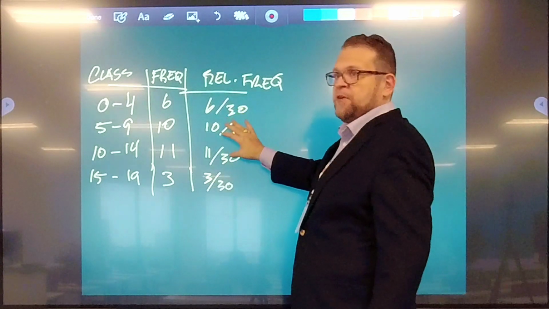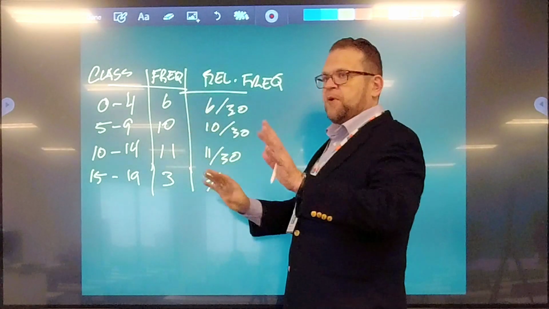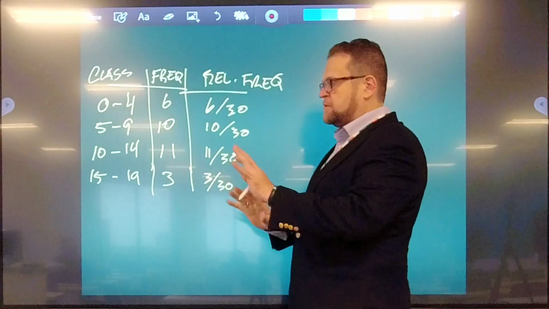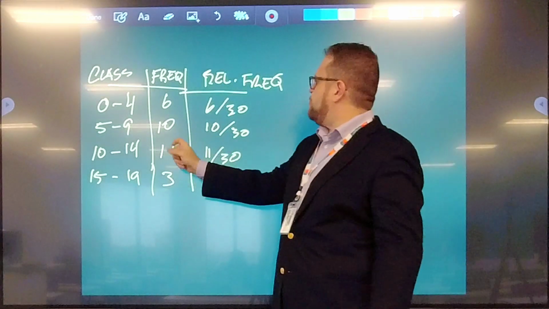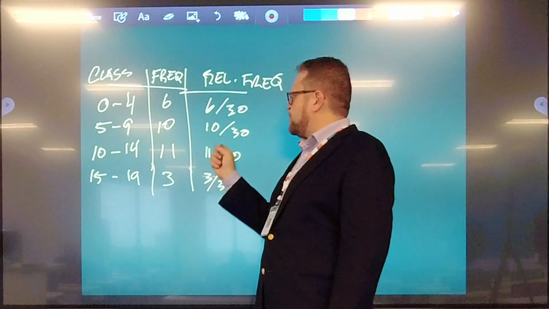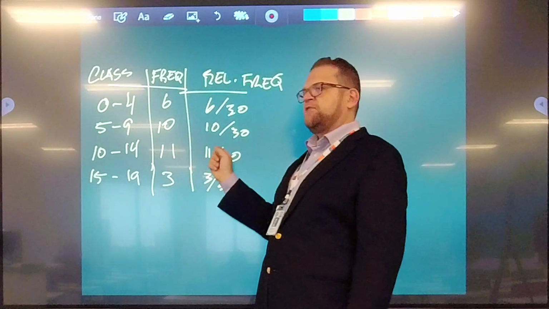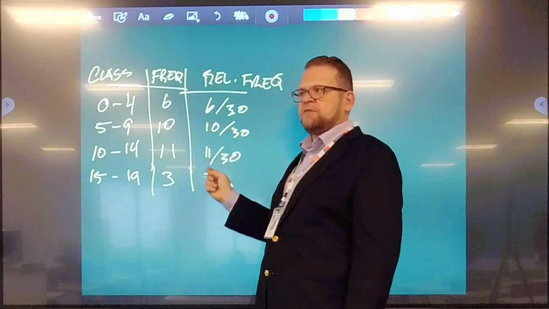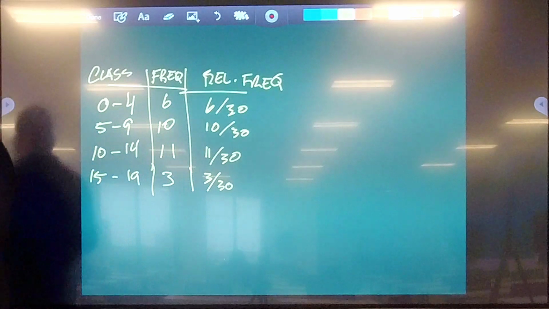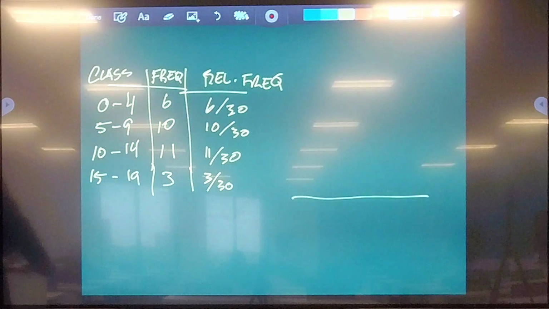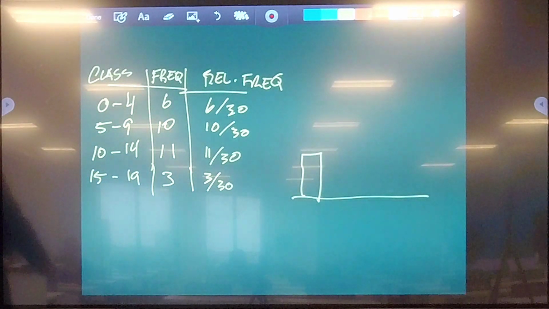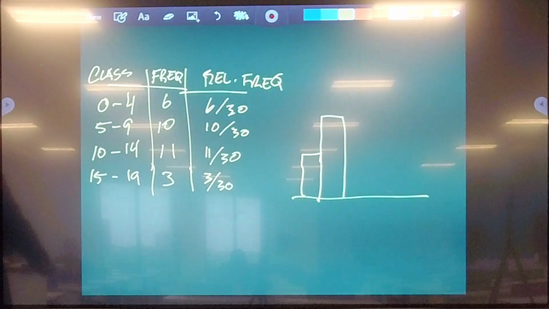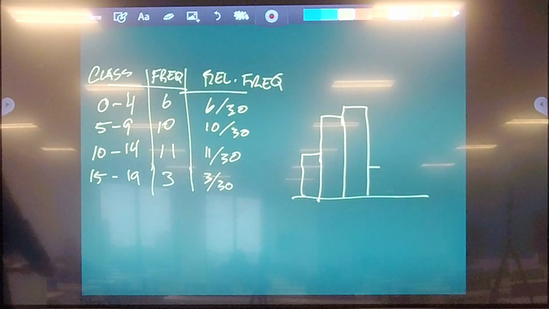It's this exact same histogram in terms of the bars being the same height. I could draw the histogram for this one or for this one, and they would look the same. The only thing I had to do is change the numbers, right? So the first bar would be this tall, and then the next one's that tall, and then this tall.